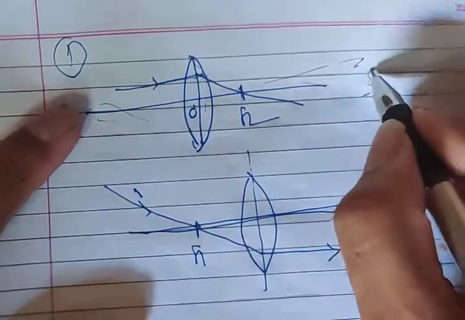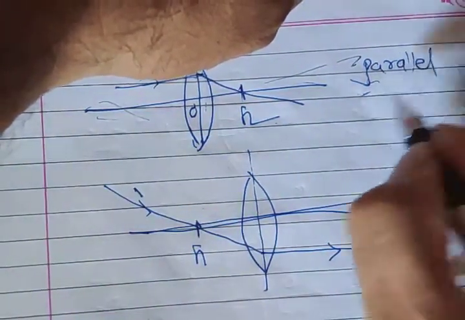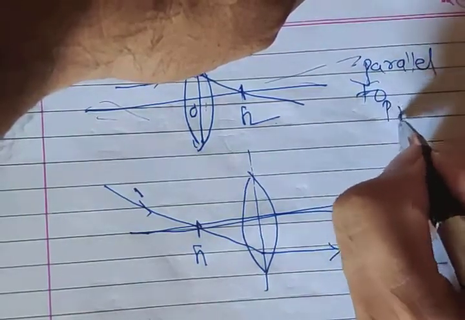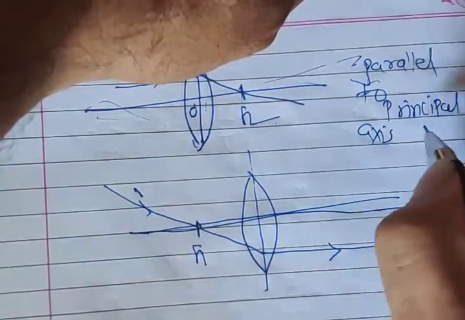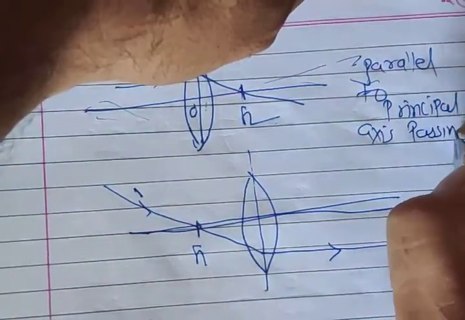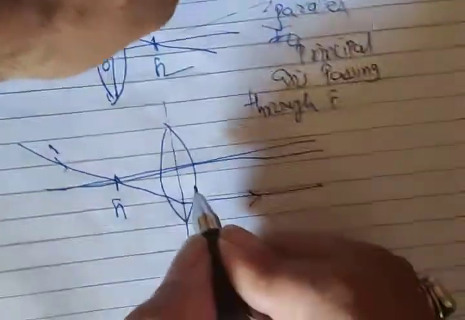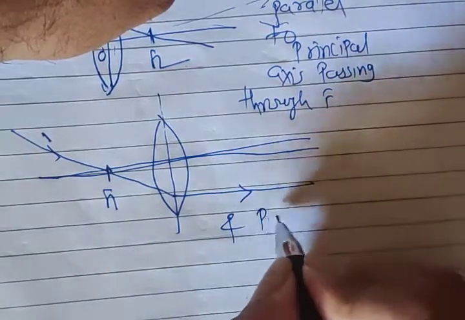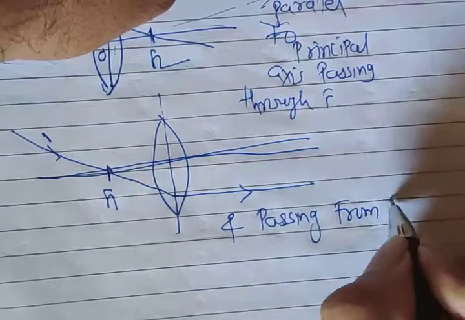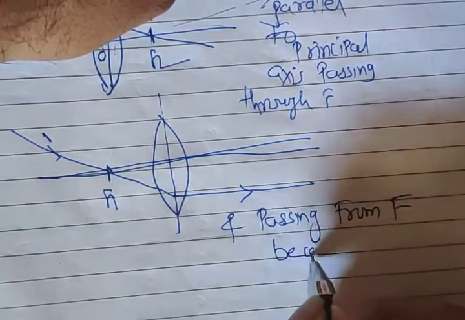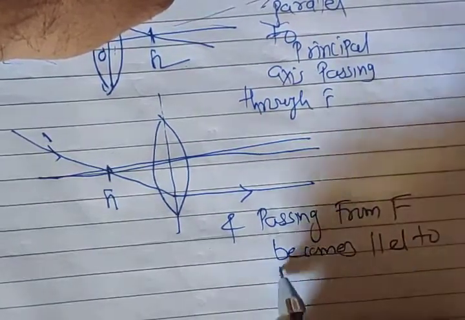So first ray parallel to the principal axis passes through F, and a ray passing from F becomes parallel to the principal axis.